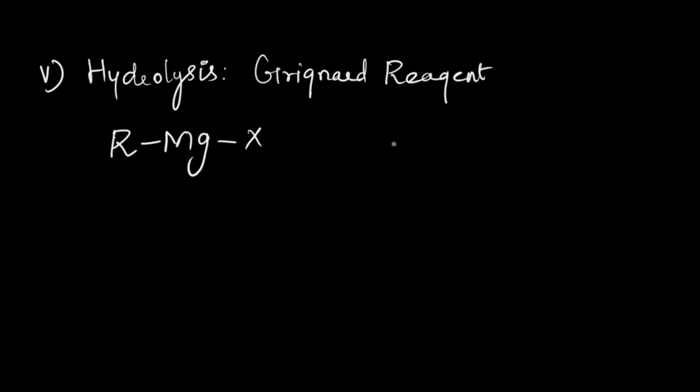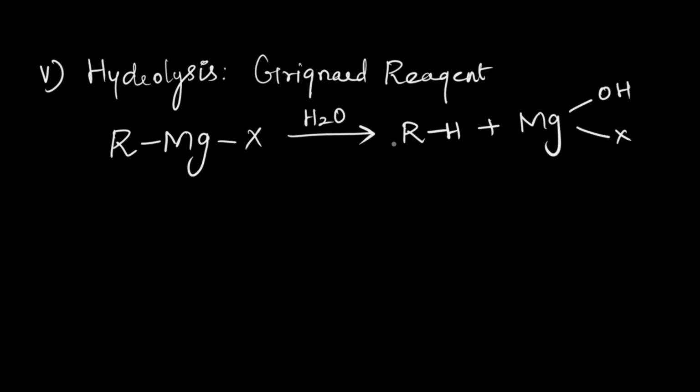X can be anything, any halo group. So I am treating Grignard reagent with water. Of course, this is hydrolysis. Always remember, wherever the lysis word comes, that means to part, to cut, separate. Hydrolysis means H2O will get separated as H plus and OH minus. You can remember it like that. So R will take up hydrogen and the remaining OH will go to Mg.